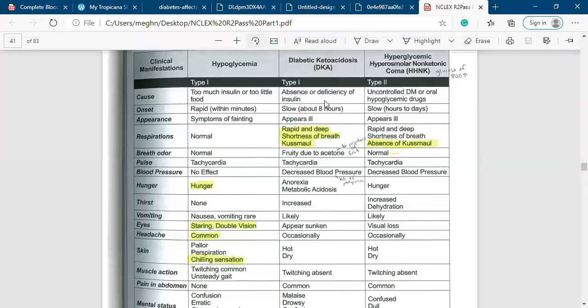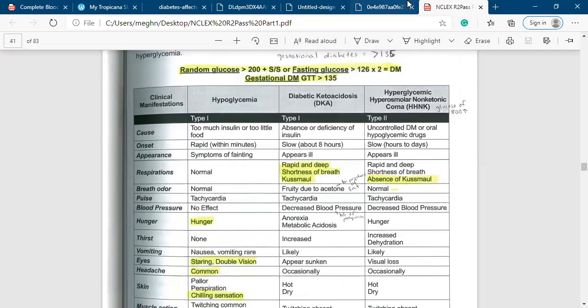Ketone. Because this is a complication of diabetes, right? Like diabetic ketoacidosis is called DKA in type 1. In type 2 it is called hyperglycemic hyperosmolar non-ketotic coma, HHNK. So type 1 patient has the complication DKA, type 2 is hyperglycemic hyperosmolar non-ketotic coma.